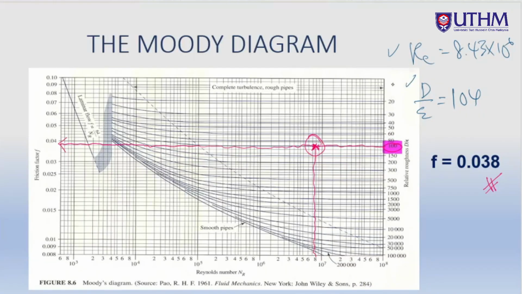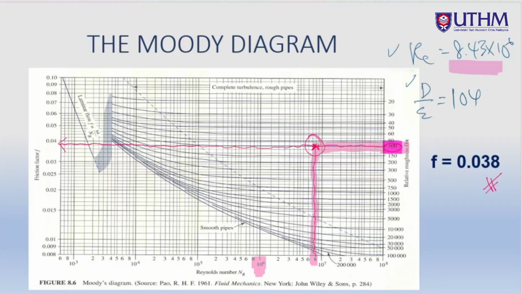Okay, so kita dah dapat dua value ni. Macam mana kita nak buat? First of all, kita kena tengok kat mana relative roughness dia. Around 100 lah kat situ. That's why kita bulat kat sini 100. Lepas tu kita kena tengok juga Reynolds number kita around berapa. So 8.43 kali 10 kuasa 6, sini 10 kuasa 6 dekat 8. So lebih kurang dekat sini lah. That is why saya ambil this value and then dia bersilang dengan sini.